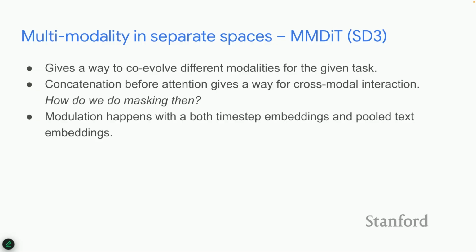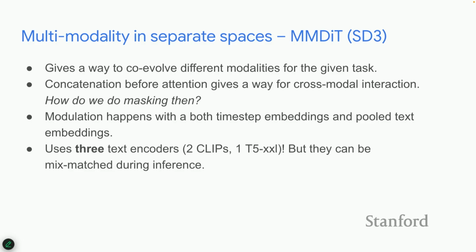So Stable Diffusion 3 uses a different set of pooled text embeddings that are usually computed from CLIP and not the T5 based text encoder. So you need some form of diversity to not end up inheriting the bias from the other text encoder that you had. And Stable Diffusion 3 uses 3.